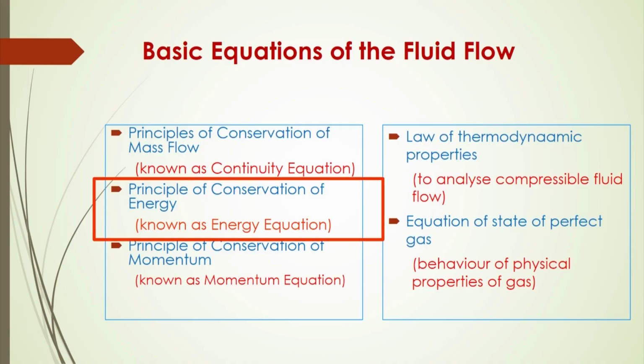There are also auxiliary equations to consider along with these basic equations of fluid flow: the law of thermodynamic properties, which is generally used to analyze compressible fluid flow, and the equation of state of a perfect gas, which is considered for the behavior of the physical properties of the gas.